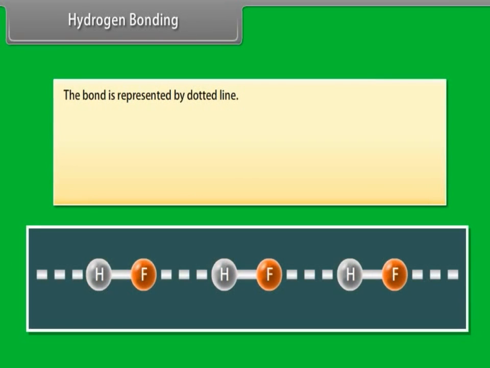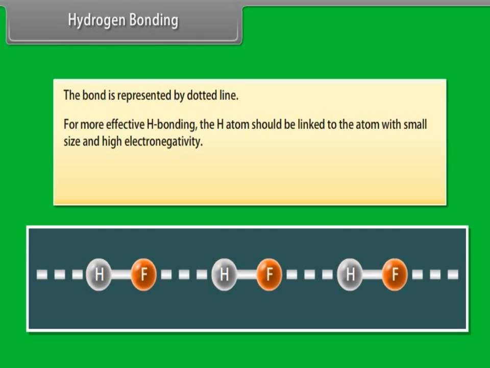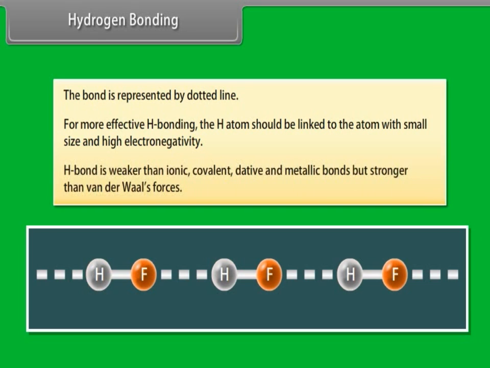The bond is represented by dotted line. For more effective hydrogen bonding, the hydrogen atom should be linked to the atom with small size and high electronegativity. Hydrogen bond is weaker than ionic, covalent, dative and metallic bonds, but stronger than van der Waals forces.